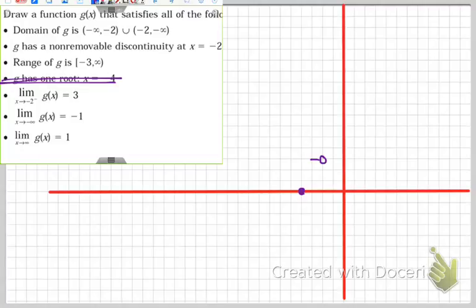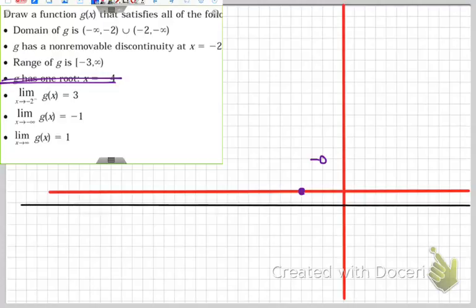The limit as x approaches negative infinity, so this is a horizontal asymptote as it's going towards negative infinity, is at negative 1. I don't know if I can make this dotted. I don't think so. So a horizontal asymptote at negative 1. I'll make that dotted so that you guys can see that it's a horizontal asymptote.